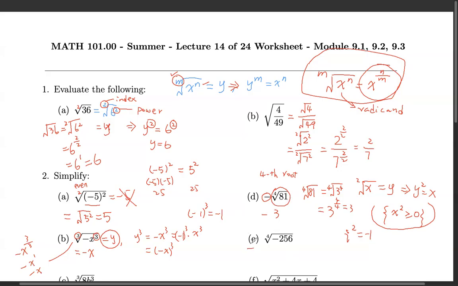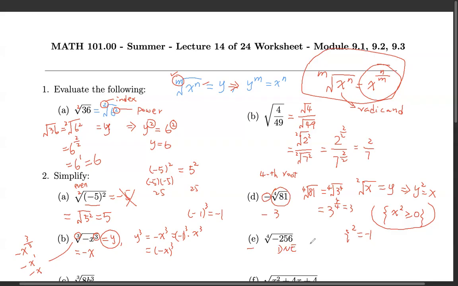Let's see E. For E, we cannot do anything because this is a negative number inside the radical sign, and it's not in the real number system. So we just say does not exist in real numbers.